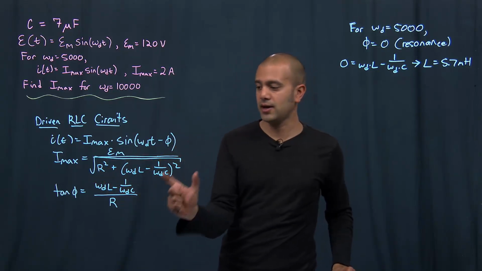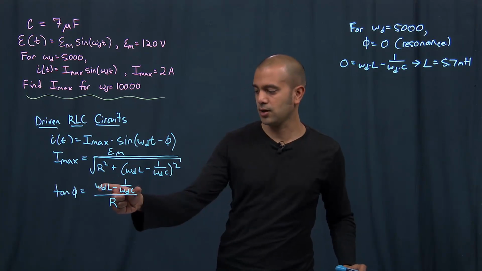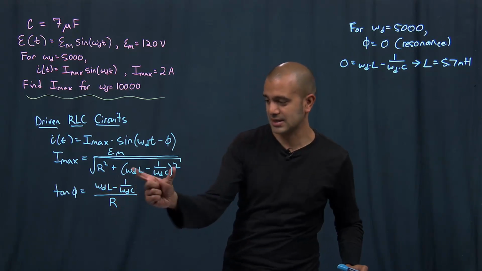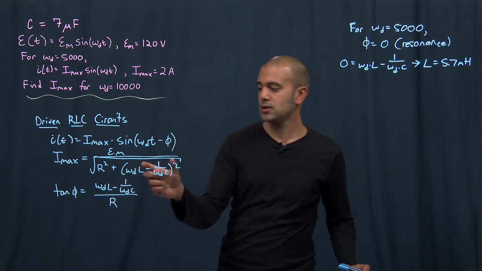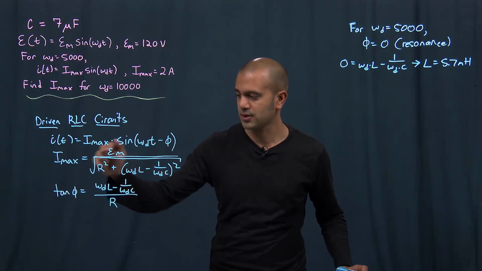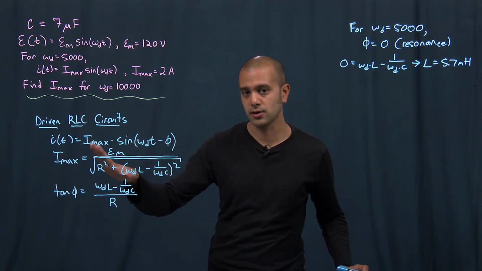But before I do the mathematics for that, let's just note a couple more things here. We have that this particular quantity, which is the numerator of this tan phi here, equals 0. And that quantity is the same as right over here. So in fact, if you look at this expression for I max, when we have something in the denominator which is a positive quantity plus a positive quantity, we can't change R in the circuit because that's fixed.